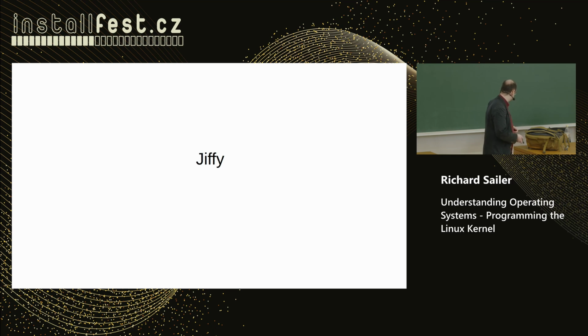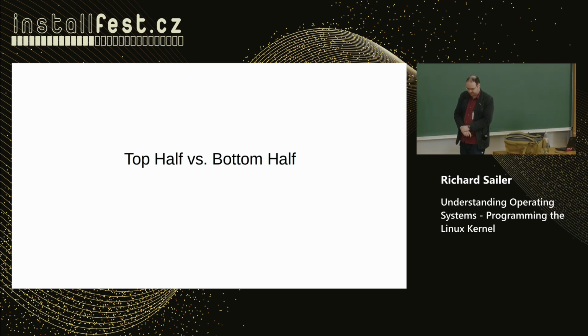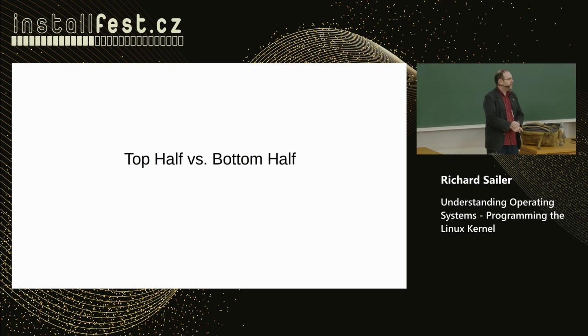So, what do we have next? We have these 250 hertz. And then we have another thing that is also relevant for Windows and other operating systems, but they call it differently. I explained before that the interrupt handler should run very, very quickly, and then there's other work to do later.